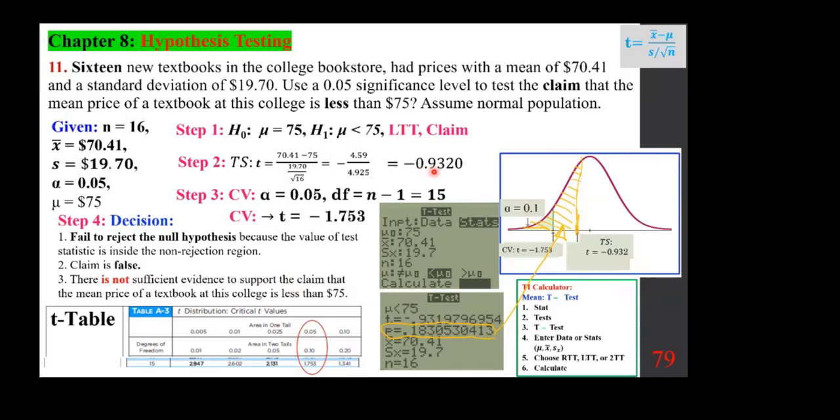So this number, positive 0.9320, is less than this. So we are somewhere here. And the area is this. What's happening to the area? It's getting larger and larger. So area in one tail is larger than 0.1. So we may not know the answer from the table, but we do know for sure it's larger than 0.1 according to this. But you use a technology to get to the answer.